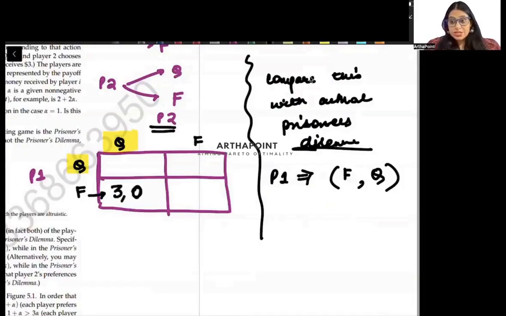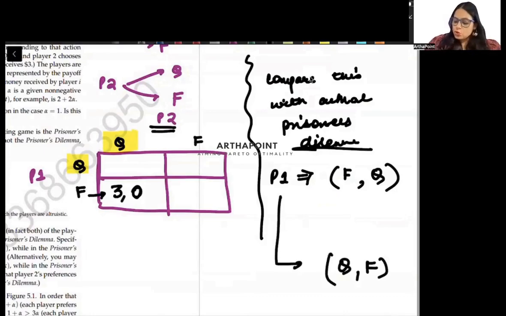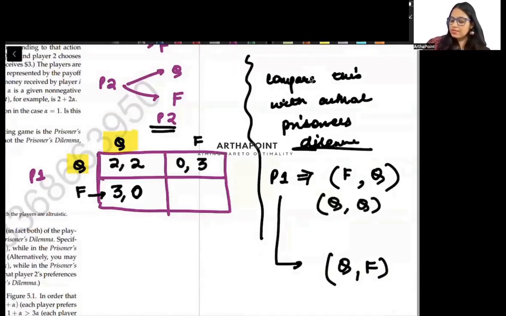The worst for player 1 was when he was quiet but the other player gave proof against him: he was getting 0 and the other player 3. In between, the second best was when both were quiet, so 2, 2. And third best was when both were saying against each other, so 1, 1. This is the actual prisoner's dilemma game.